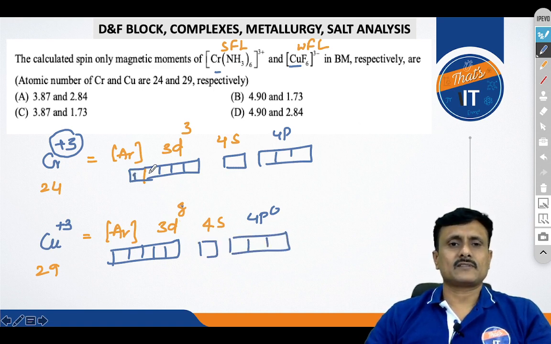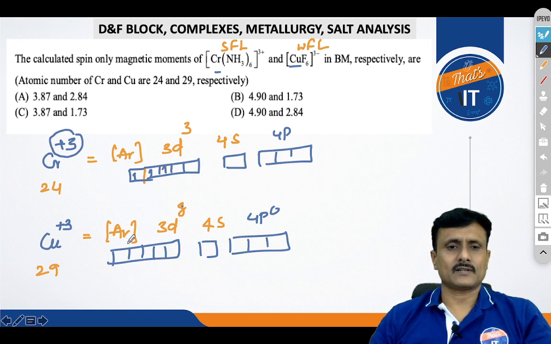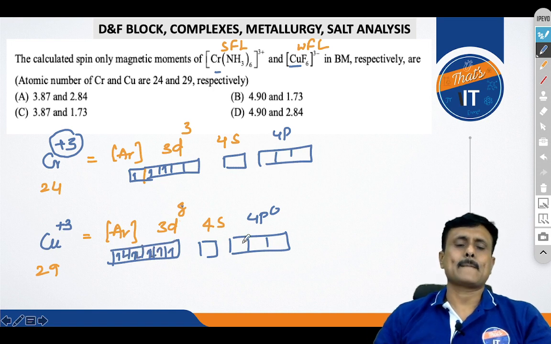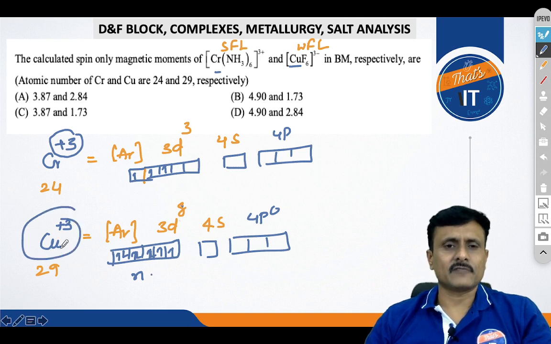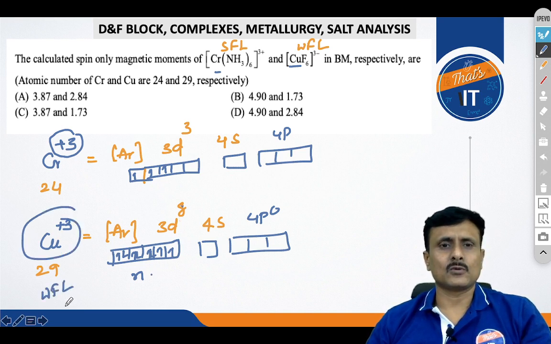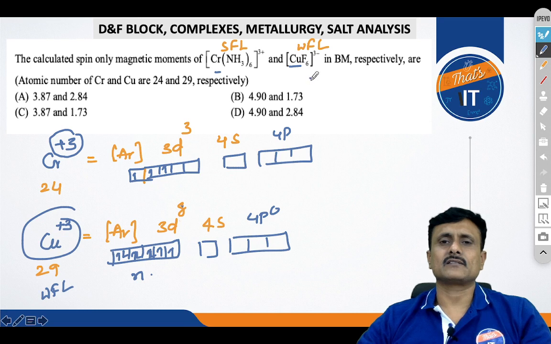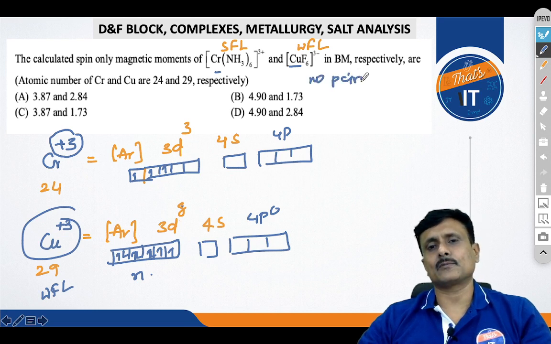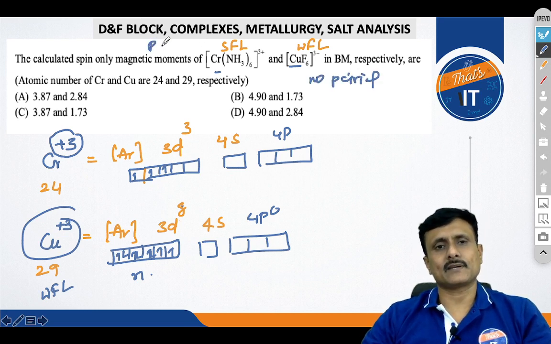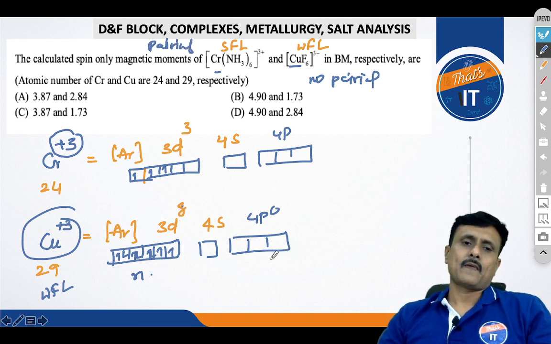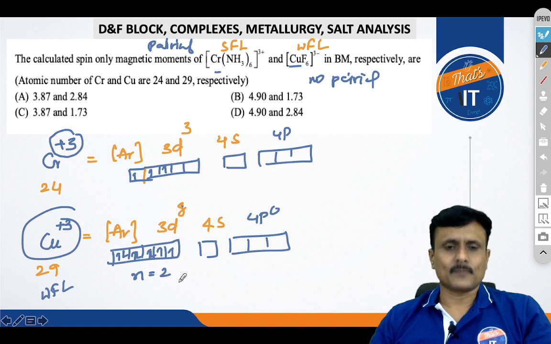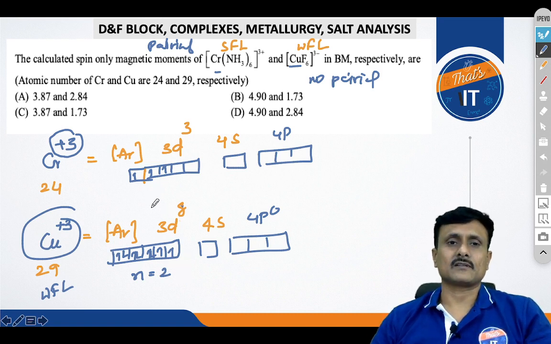There are 3 electrons here, and 8 electrons here. Weak field ligand, no pairing. Strong field ligand, pairing. So here you can see that n equal to 2, that is the number of unpaired electrons.